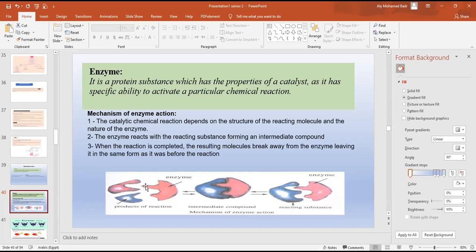Again, the reactants combine on the active site of the enzyme. This helps in the formation of the product without any change in the enzyme. Look here, the enzyme is the same as it entered, as it came out, with no change.